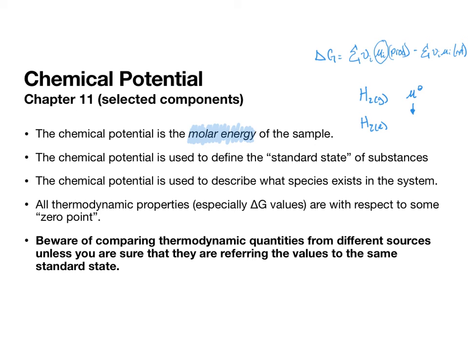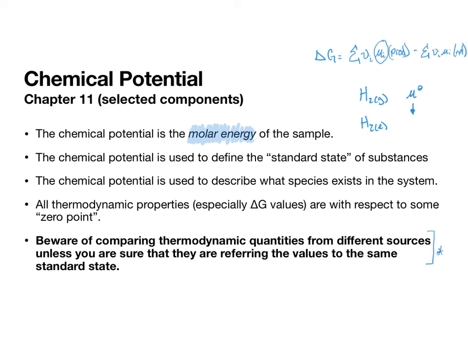But the real key right now, for now, we're going to get a lot more abstract and a lot more complicated, is that we have to be very careful comparing thermodynamic quantities from different sources, because different sources can define the standard state of these materials differently.